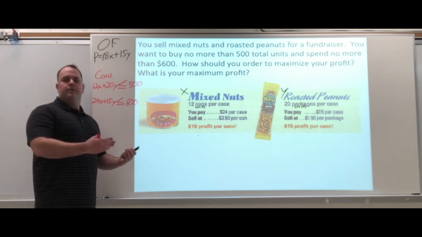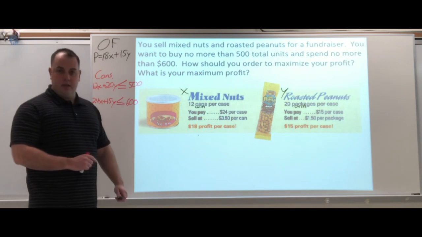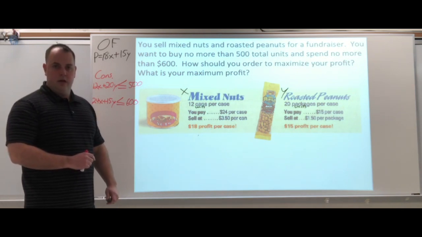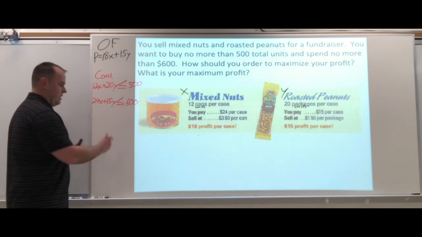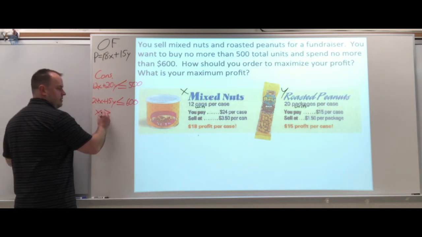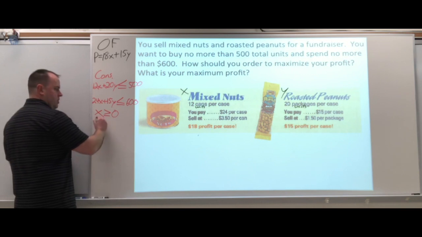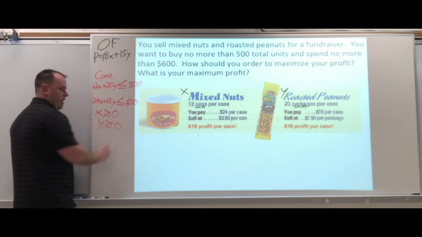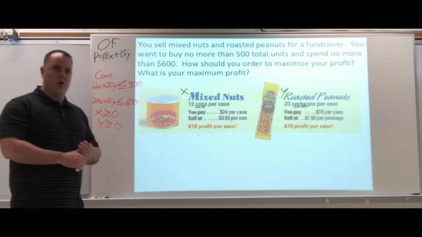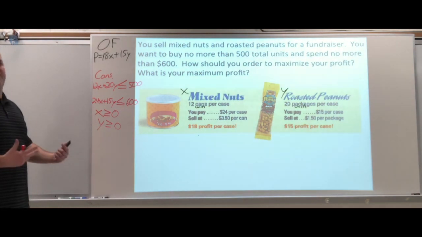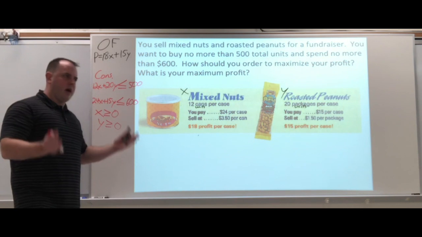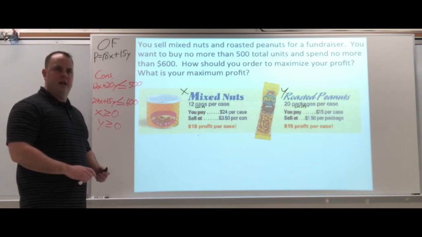Can you buy a negative amount of mixed nut cases to sell? That can't go negative, and that's where the common sense constraints come in. x has to be greater than or equal to 0. y has to be greater than or equal to 0. Since those can't go negative, I call these my common sense constraints. They're ones that you have to have, just to make sure everything's positive, everything fits in.